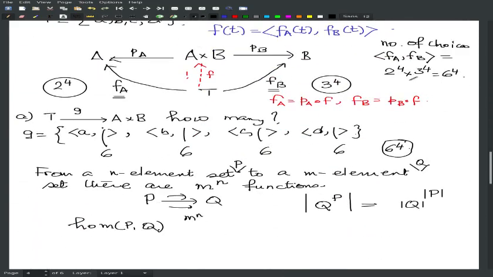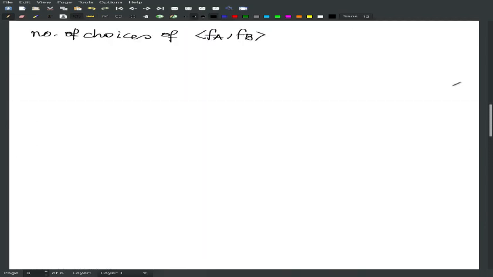That's 6 to the power 4. And this is equal to the number of functions from T, right?